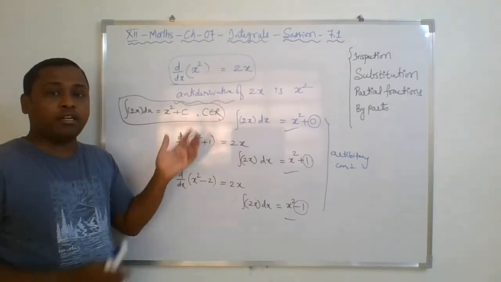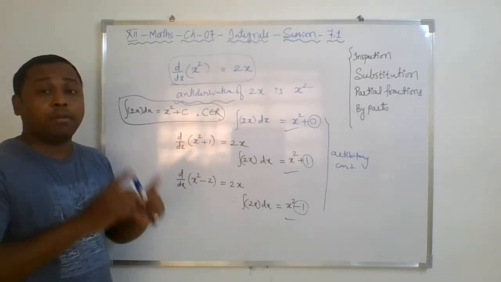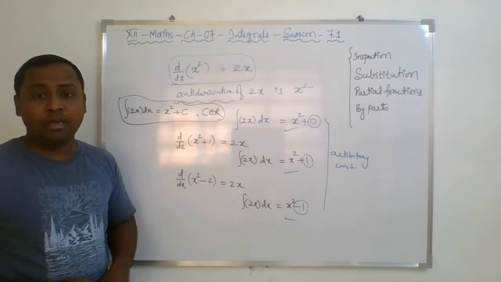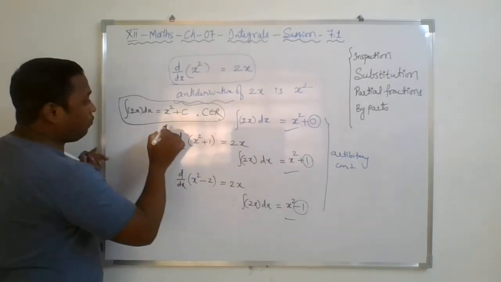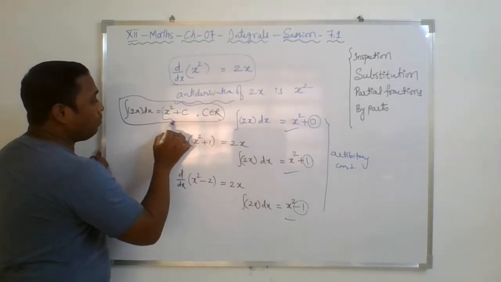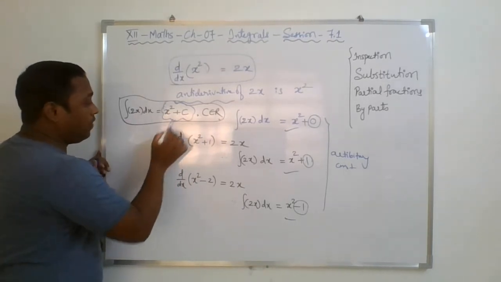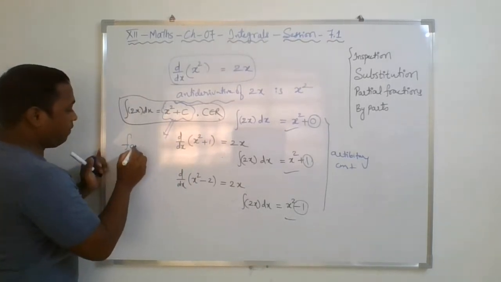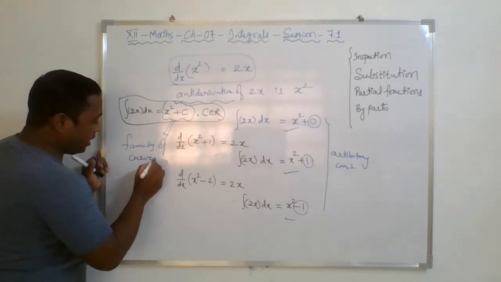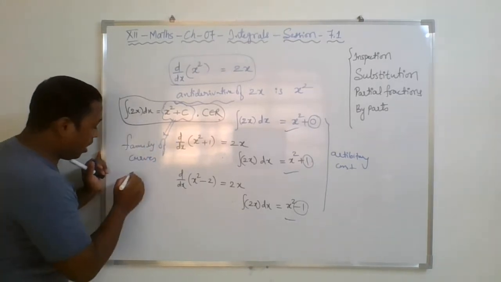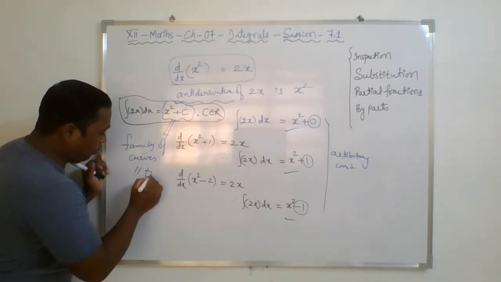According to the constant, you may get infinitely many curves, but all these curves will be parallel to each other. So finally, what I wanted to convey is that whatever answers you get as an integral, it always gives a family of curves, and this family of curves is always parallel to each other.